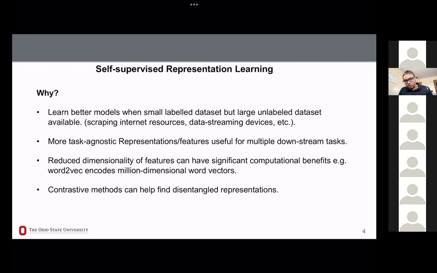There are other secondary advantages. People have shown that in certain cases, these self-supervised representations are more generic or task agnostic. They can be used for multiple downstream tasks, better than supervised learning. For supervised learning, you are doing one task, say telling whether an image is a dog or a cat, and you maybe cannot use these features to say something else, like whether it's day or night in the image, or something totally different.